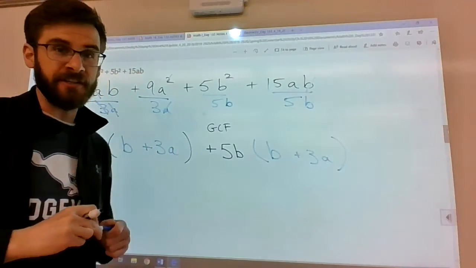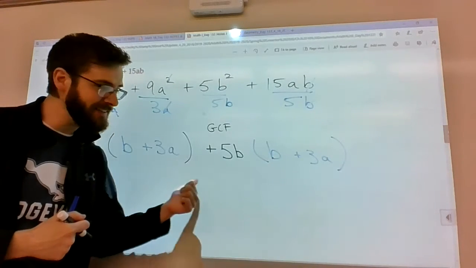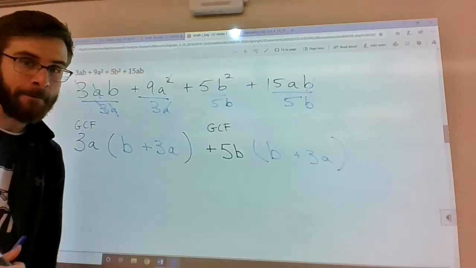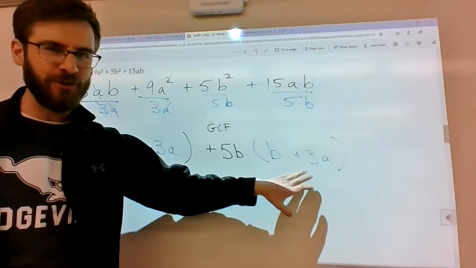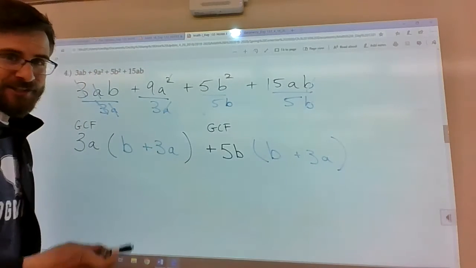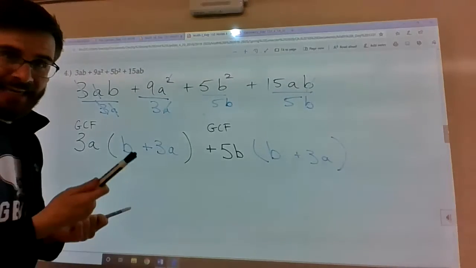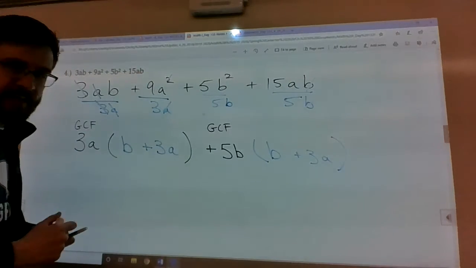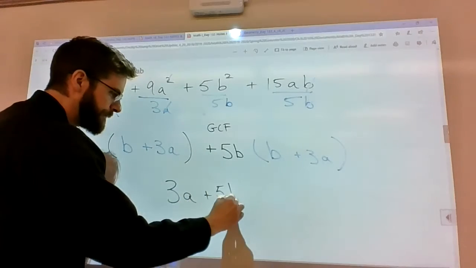There's kind of a duh moment there, where it's like, hey, they're supposed to be twins every single time. You got b plus 3a here, you better get b plus 3a over here. Then you do the last move. In this case, it's really helpful because it's almost color-coded for you. The black ink GCF is its own term, 3a plus 5b.